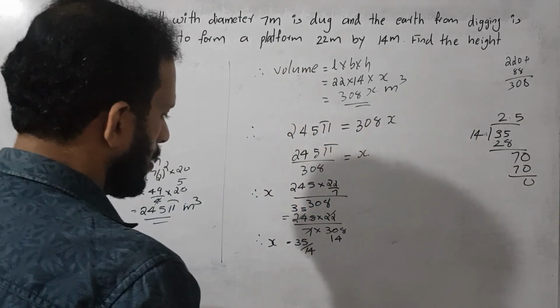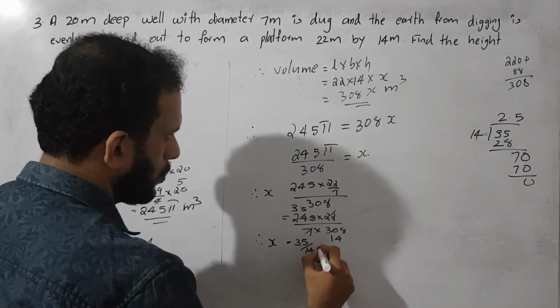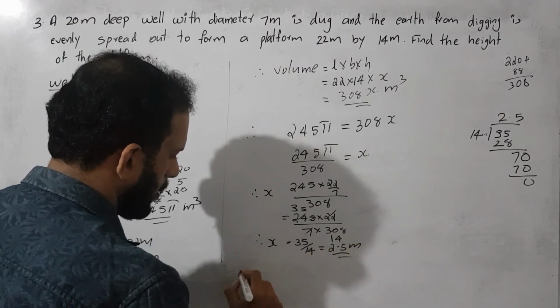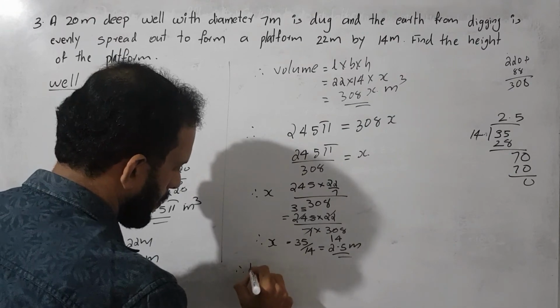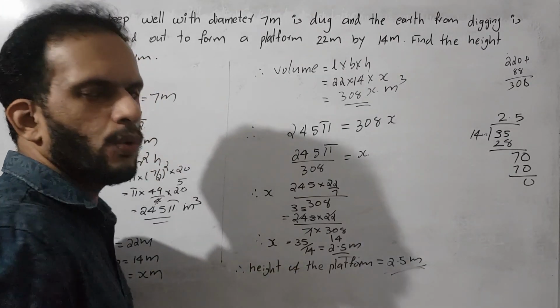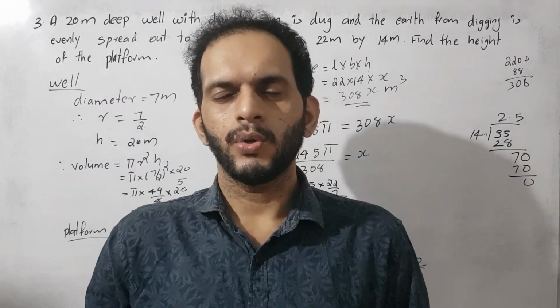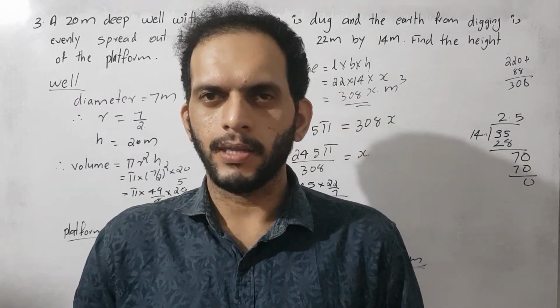What is the value of x? The value of x is 2.5 meter. Therefore the height of the platform is 2.5 meter. I think you got it.